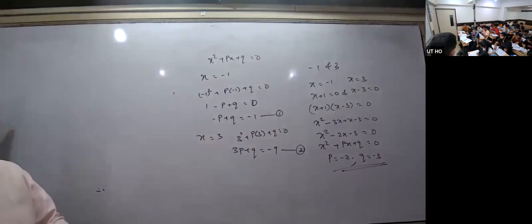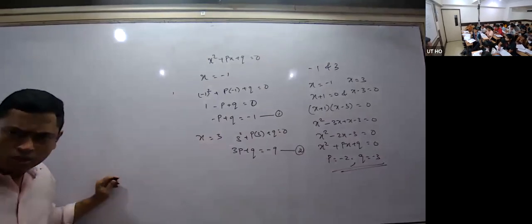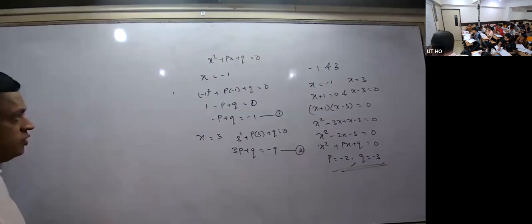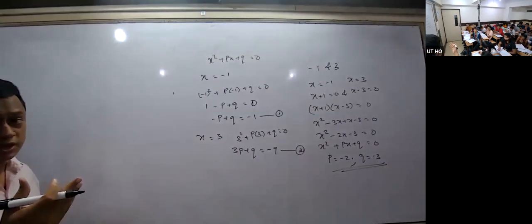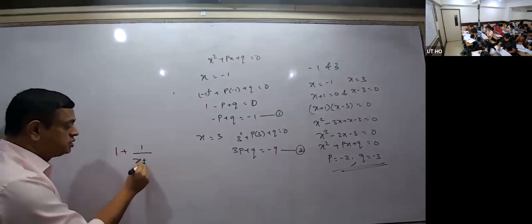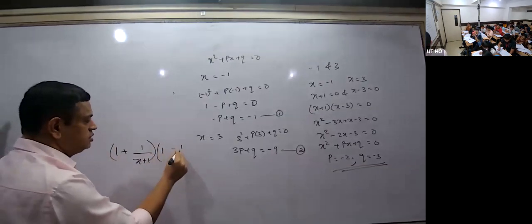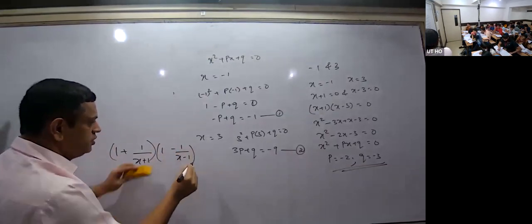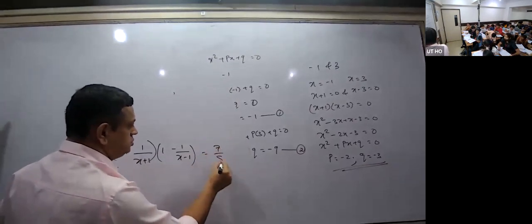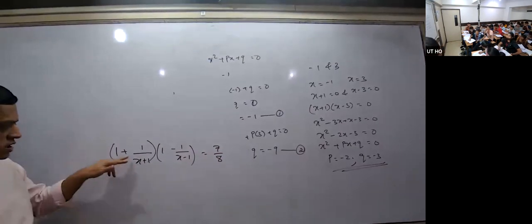Read. This is a nice one, explained 2 times in the class. 1 plus 1 upon x plus 1, times 1 minus 1 upon x minus 1, is equal to 7 by 8. What is your doubt? Tell me. How to solve? LCM, you know how to take.